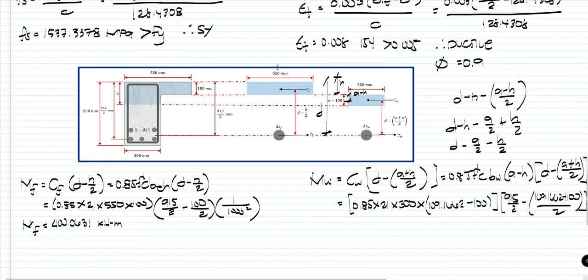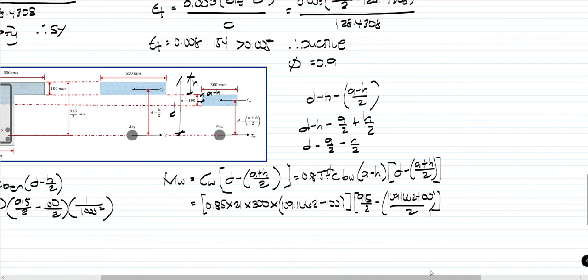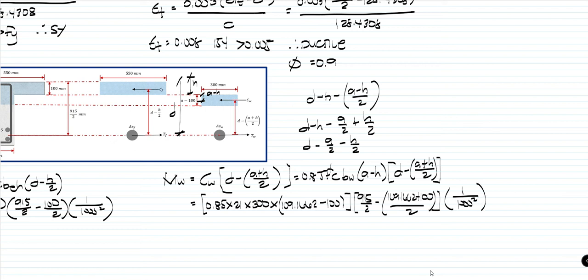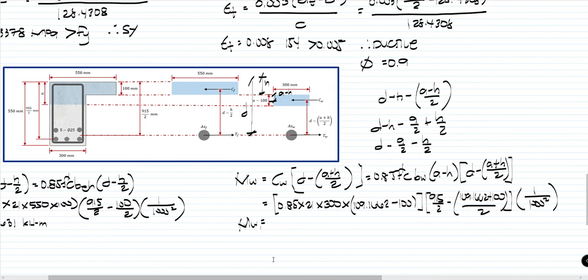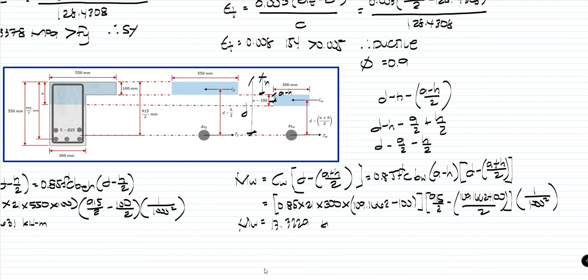So, this whole equation still shall be multiplied by 1 over 1,000 squared para maging kilonewton meter. And the MW for this web section or the moment on the web section is 17.3229. That is in kilonewton meter. So, ito na ngayon yung moment on our web section.